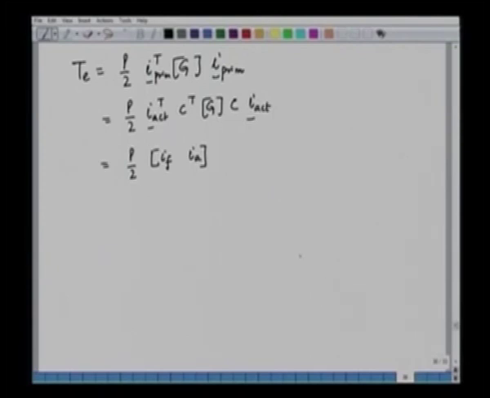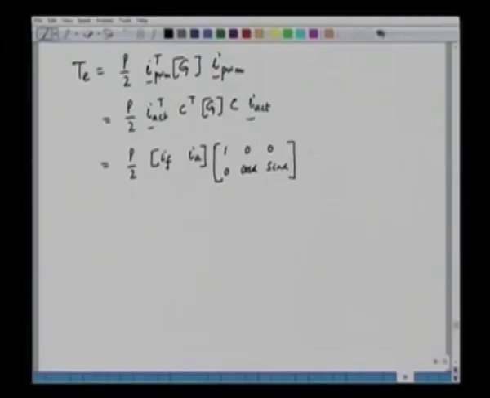What is C transpose? C transpose is given by 1 0 0 0 cos alpha sin alpha, and the G matrix is the matrix associated with the speed term. Okay.